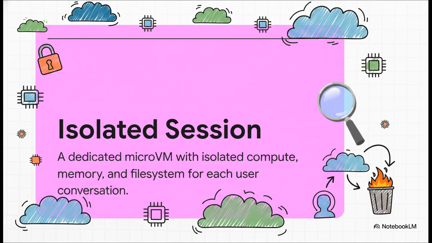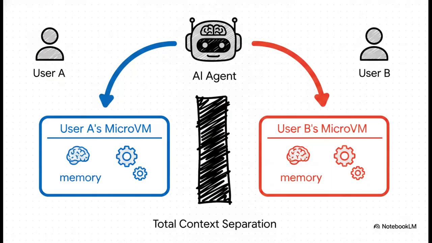What AgentCore calls an isolated session is in fact a dedicated, single-use micro-virtual machine. Seriously, think of it like a tiny, brand new computer with its own CPU, its own memory, its own storage that gets created just for your chat with the agent. And the best part, when you're done, the whole thing is completely and securely wiped off the face of the earth.